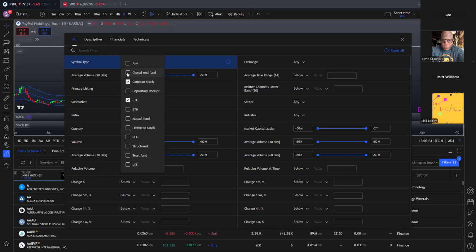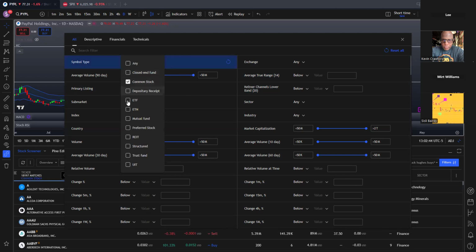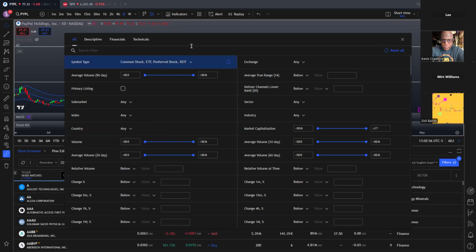You can start with any and see what it gives you, and then start closing in if you want to. Common stock, ETFs, preferred stock is fine, real estate trust is fine. That's good enough for me.